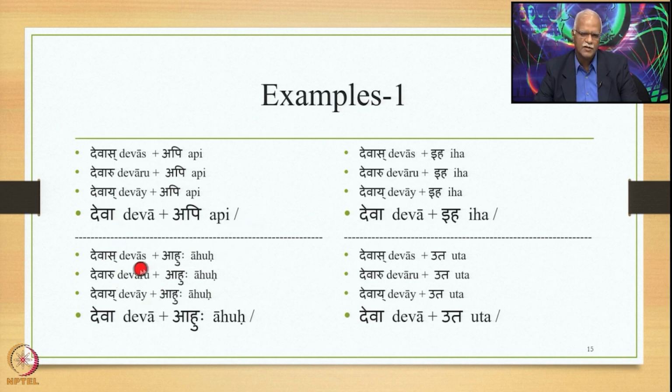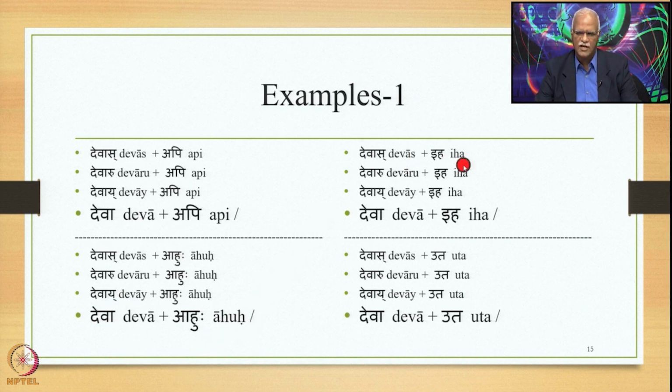Then we have devas plus ahu, where as is followed by a. Then sa is substituted by ru by ya, and this ya is optionally deleted. So you have deva ahu.